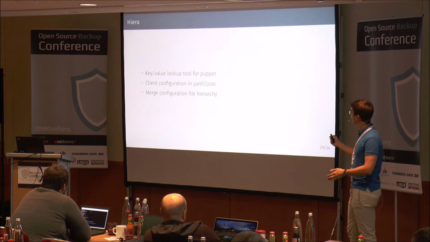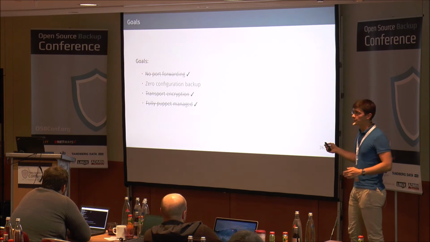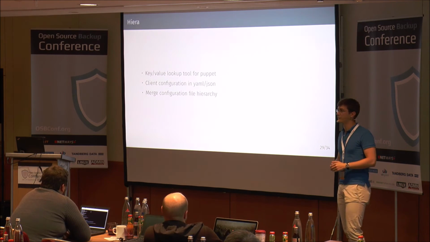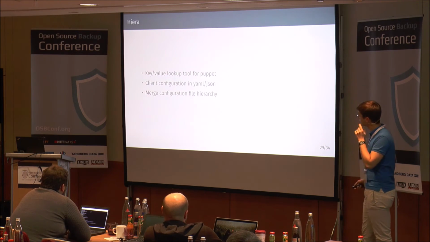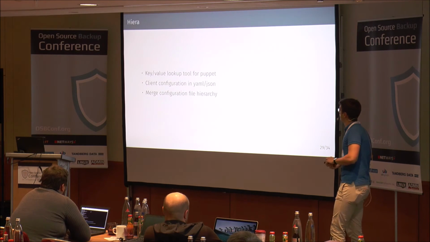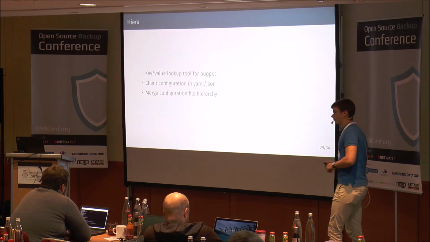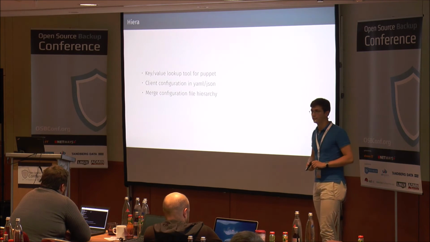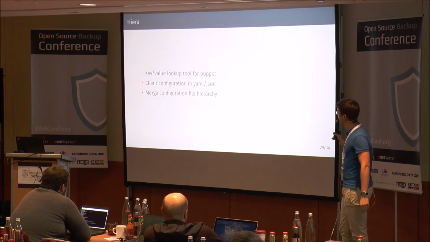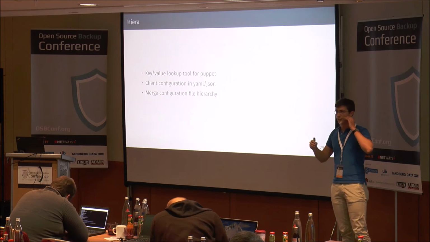So the last part, the serial configuration backup I talked about, there we can use this project called Hiera. This is a simple key value lookup tool for Puppet. It is used to store the client configuration in JSON or YAML, for example, and it can merge a file configuration hierarchy.